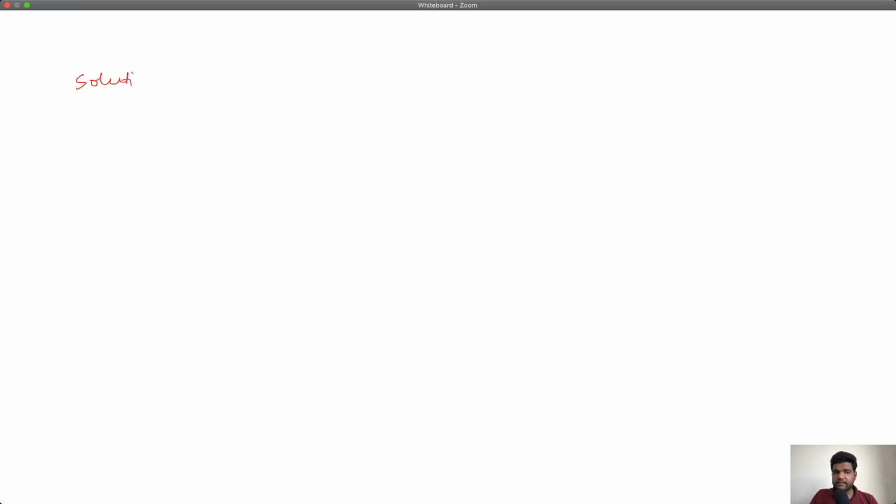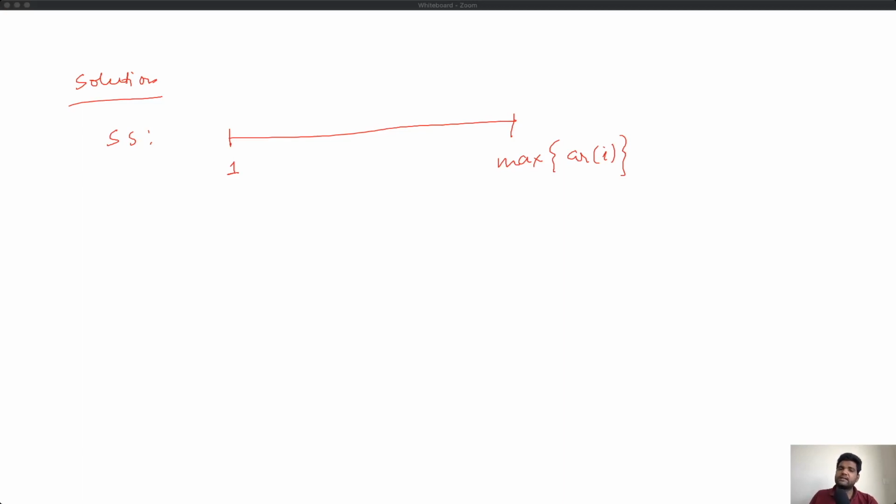So now the solution becomes: your search space is 1 to max of array I, so the largest number in the array. Out of all these numbers, you have to find out the smallest which gives us a sum which is less than or equal to some threshold.